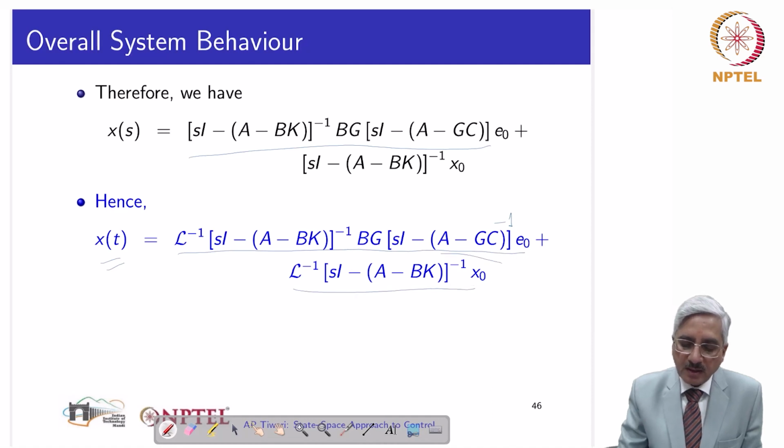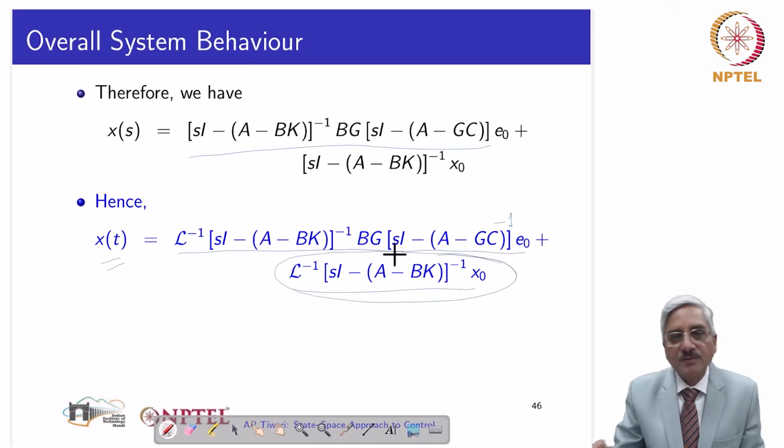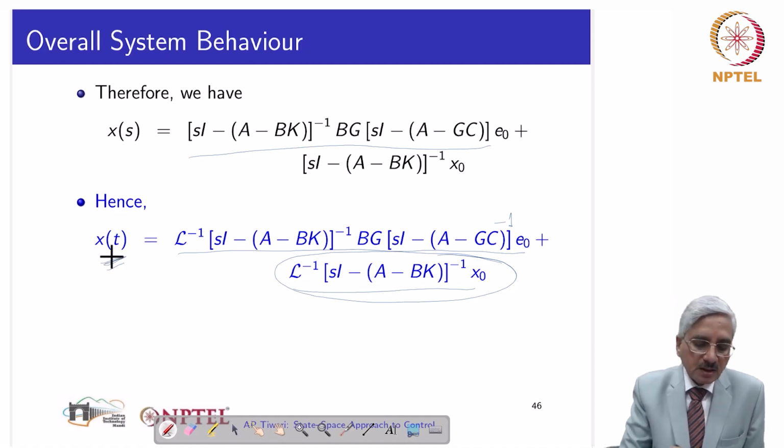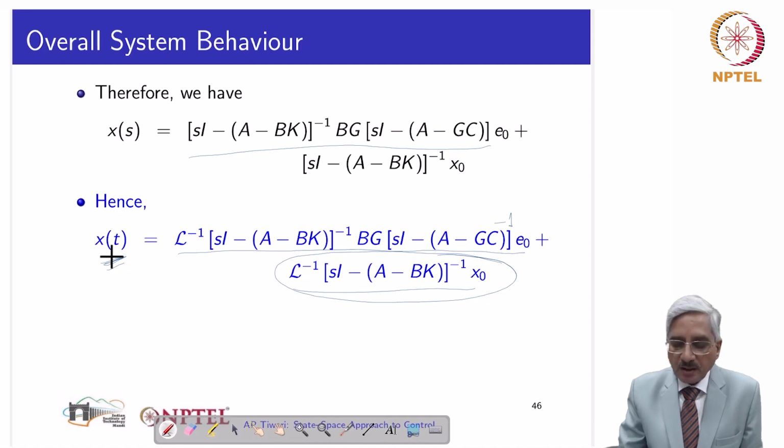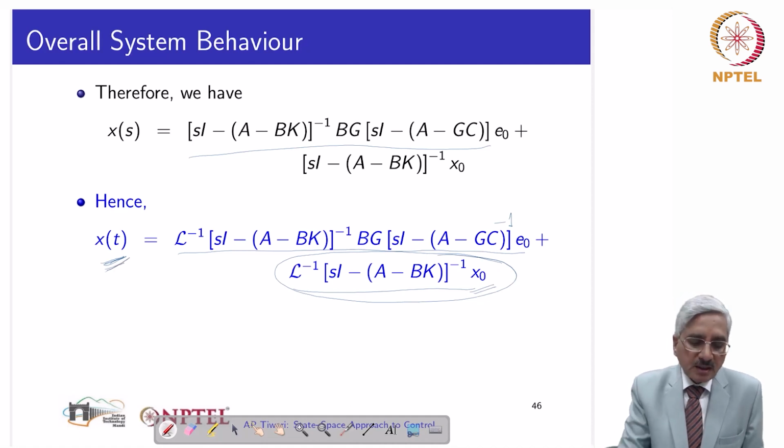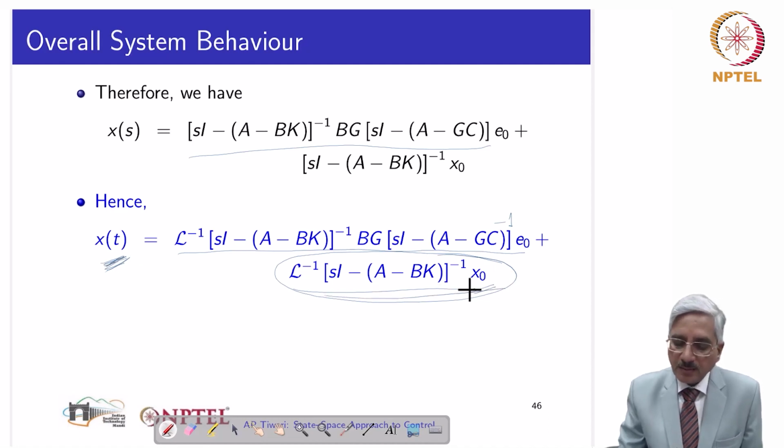One term depending on x0, which is very usual. The response of the system, we did the solution of state equations, and we saw that the response of the system consists of two terms, one dependent on the initial state and the other dependent on the applied input. Here there is no input, so it is very natural that the response of the system will consist of one term depending upon the initial state.